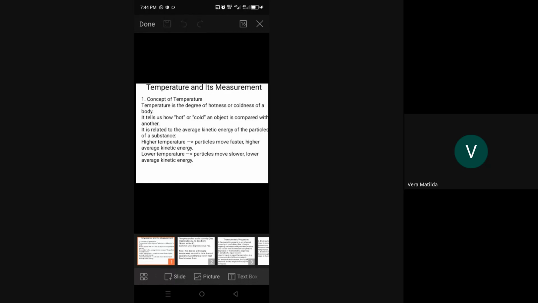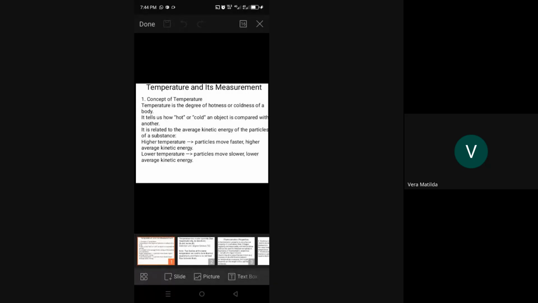Higher temperature leads to higher movement or motion of particles, okay? Higher temperature leads to higher kinetic energy. When the temperature of any matter, whether it's a liquid, a solid, or a gas, is increased, the particles will begin to move faster than they were before the increase.